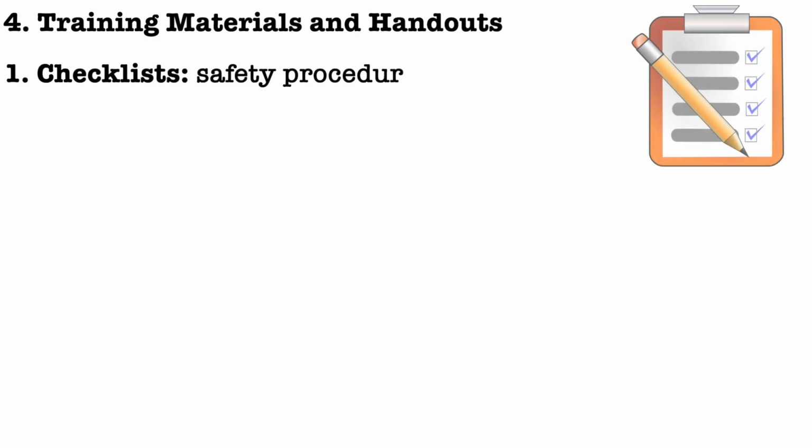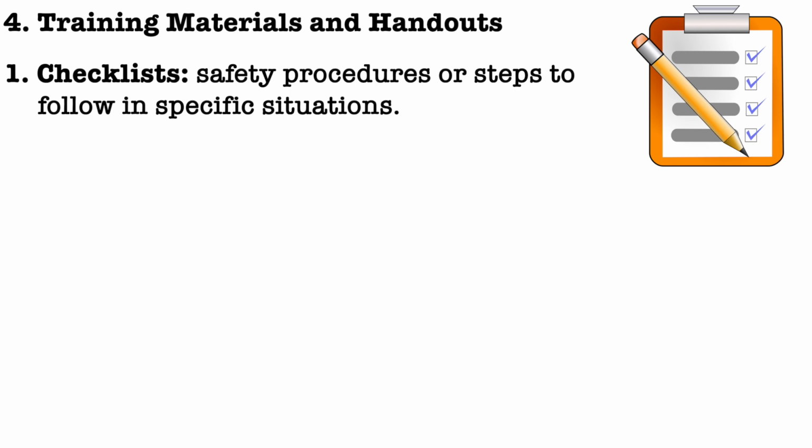Next one is training materials and handouts. It means printed training materials and handouts complement other training methods and provide participants with tangible resources to reference. These materials can include, first, checklists. Checklist means a quick reference list of safety procedures or steps to follow in a specific situation.